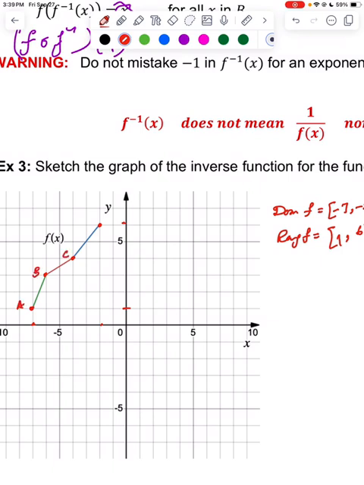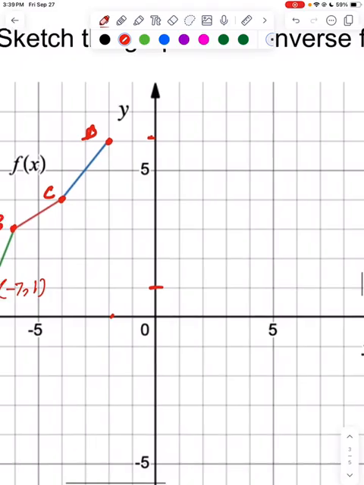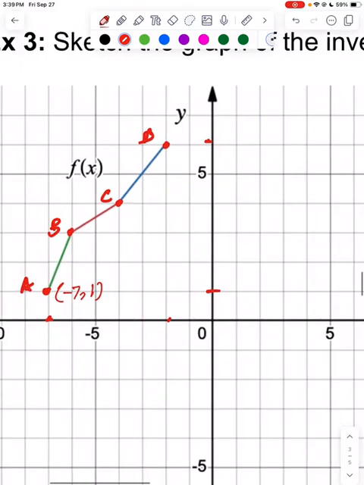The coordinates of A are negative 7, 1. The coordinates of B are negative 6, 3.